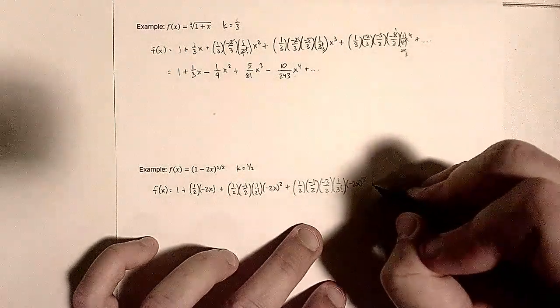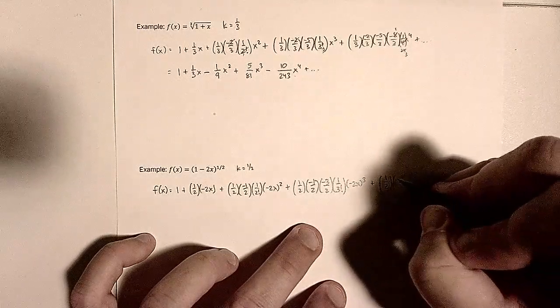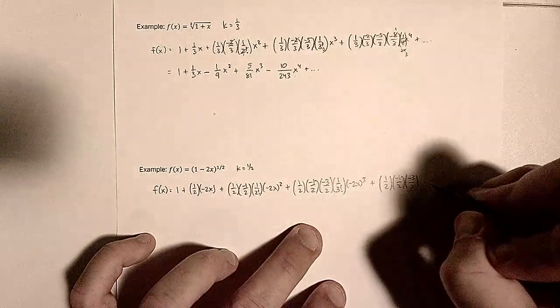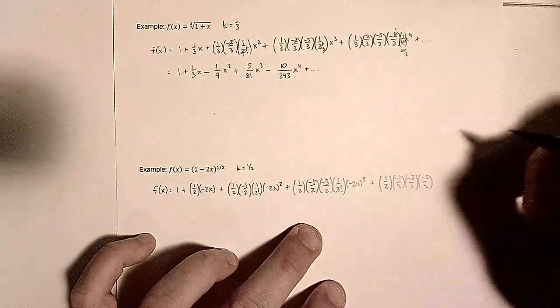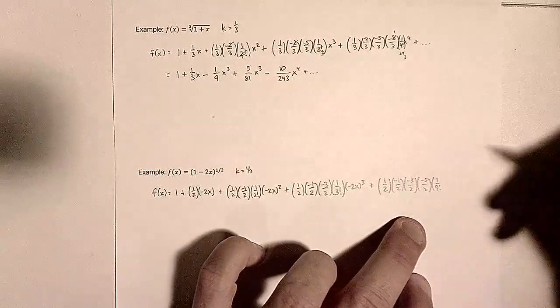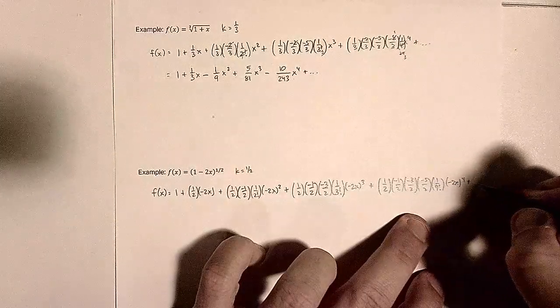And one more term. You can see I like to do them in 4s. So now we introduce negative 5 over 2, 1 over 4 factorial, negative 2x to the 4th power, and so on.